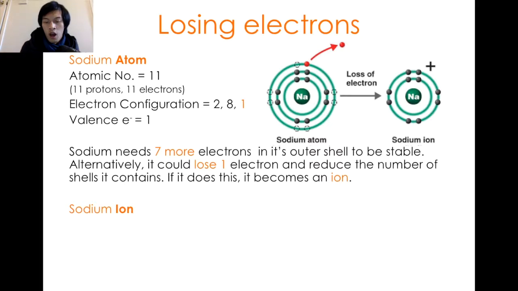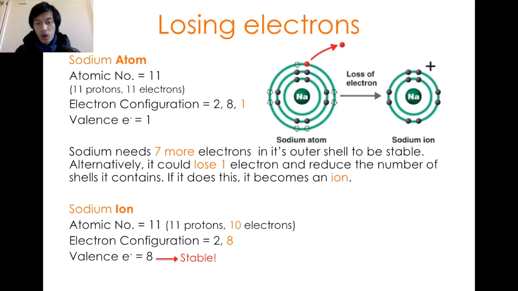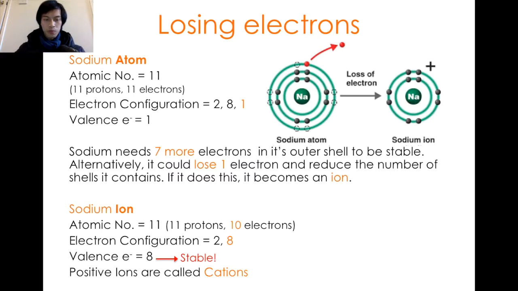Sodium is now called an ion. The atomic number is the same, it has 11 protons, but only 10 electrons, which means its electron configuration is now 2, 8. Because it has 8 in its outer shell, it is now stable, and we now call it a positive ion because it has lost its electron, and the electrons are negative, and that is called a cation.